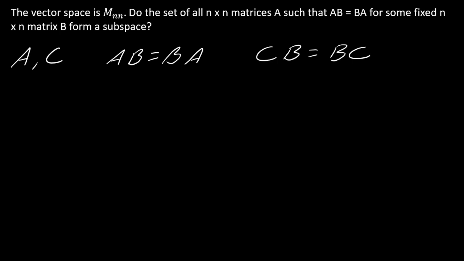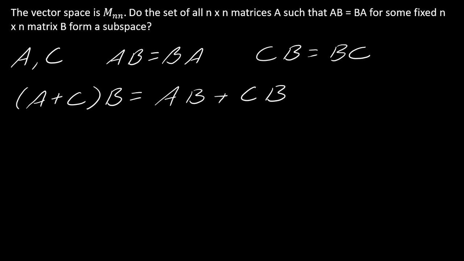Okay, so let's see if I can get through these axioms. So far I have not been able to have a single subspace. So if I take A plus C and multiply it times B, let's see, what am I going to get? Using what I know about matrices, this will be equal to AB plus CB.